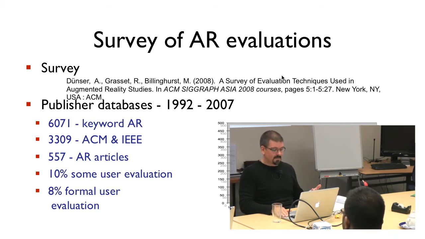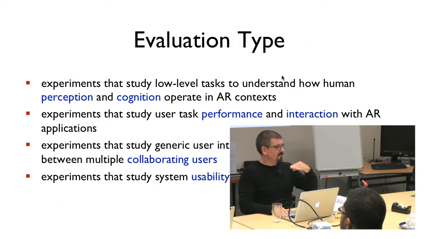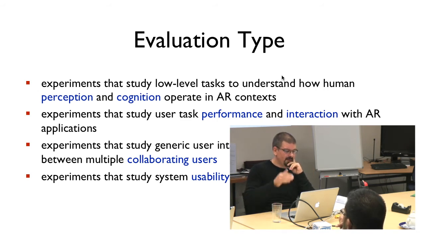The next step, we took those papers and classified them into different categories in terms of what evaluation type and evaluation approach was taken. The first was the evaluation type, so what was evaluated in those papers.